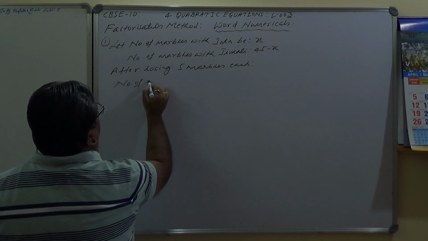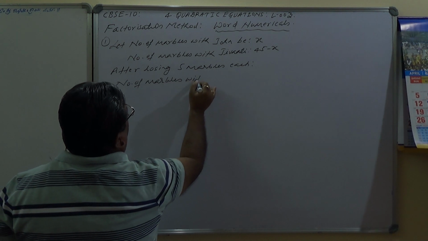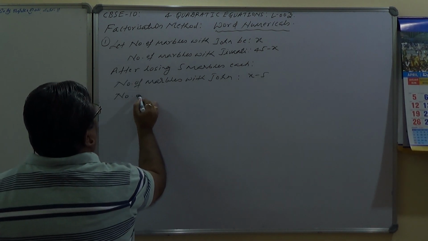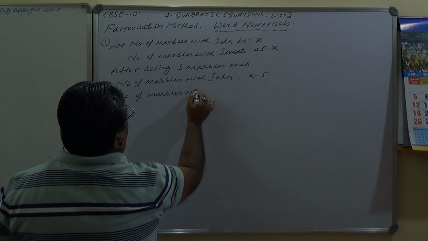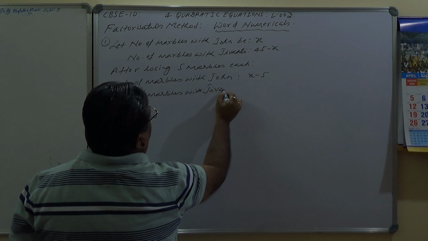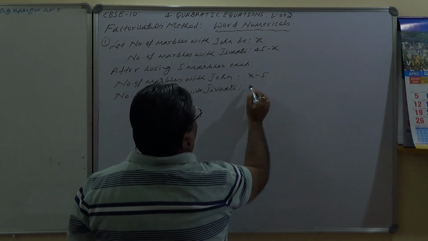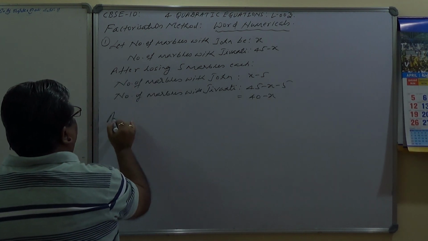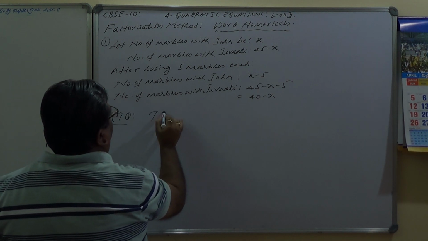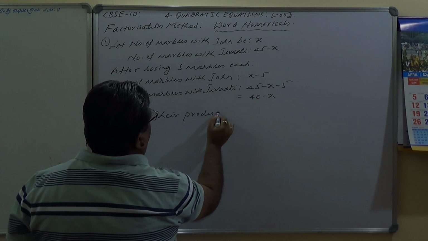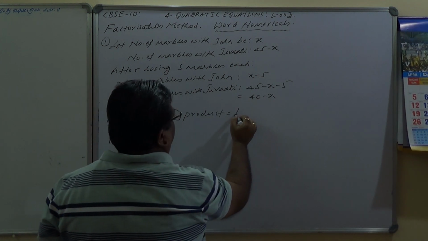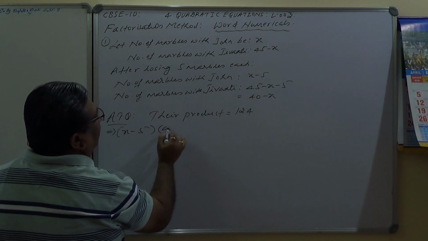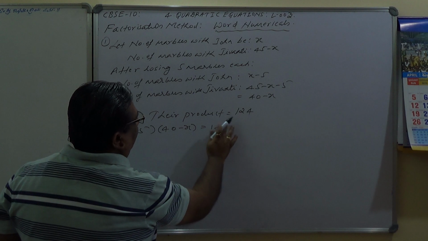The number of marbles with John would be X minus 5, and the number of marbles with Jeevanti will be 45 minus X minus 5, which equals 40 minus X. According to the question, their product is 124, meaning (X minus 5) into (40 minus X) should equal 124.